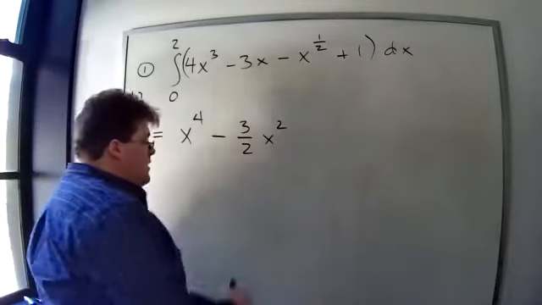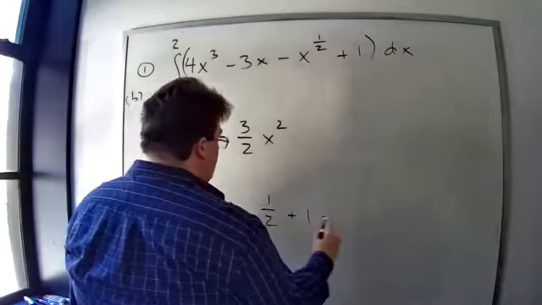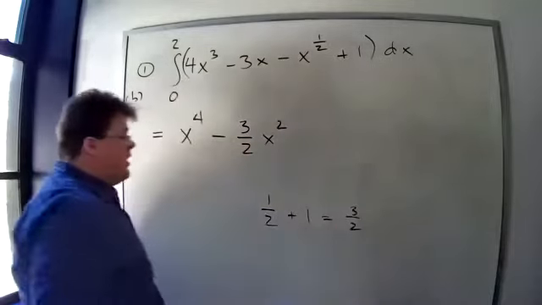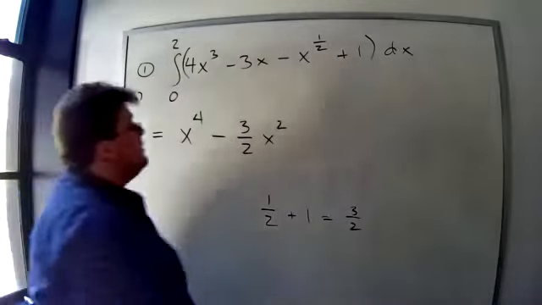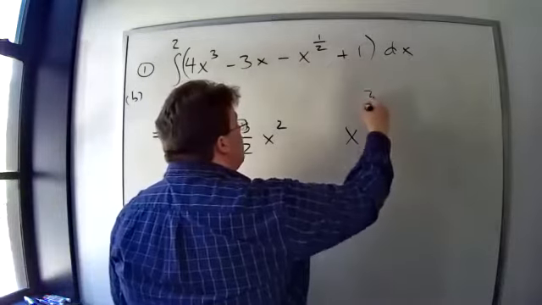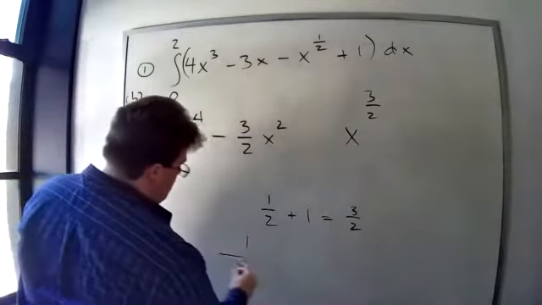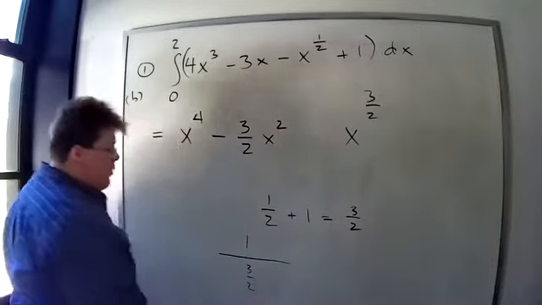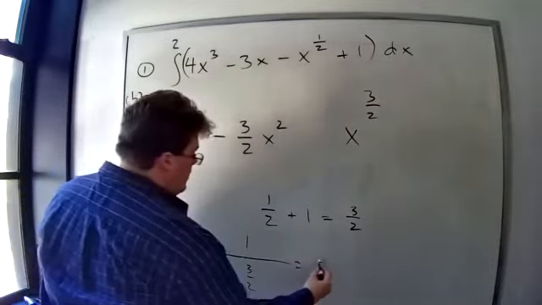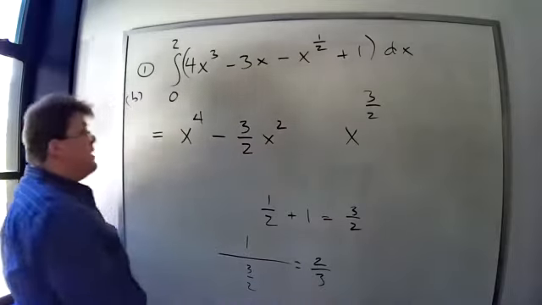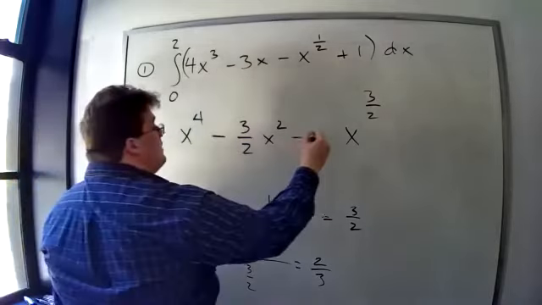The power rule will still apply. A half plus 1 is 1.5, which is 3 halves. So we get x to the 3 halves. But then you divide by 3 halves. 1 divided by 3 halves is 2/3. And there's a negative there.